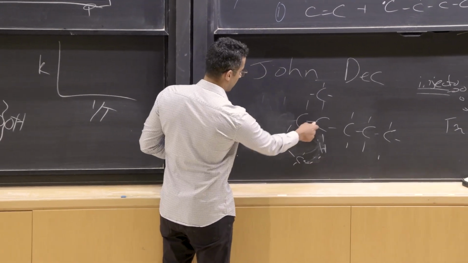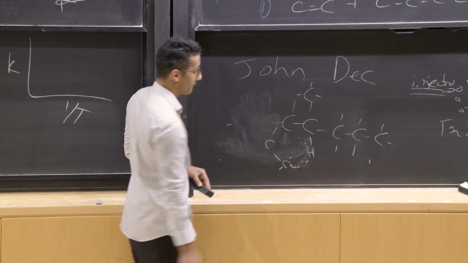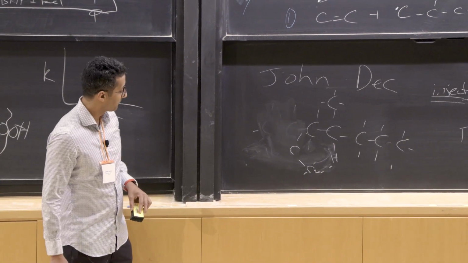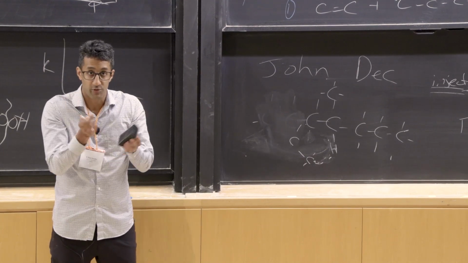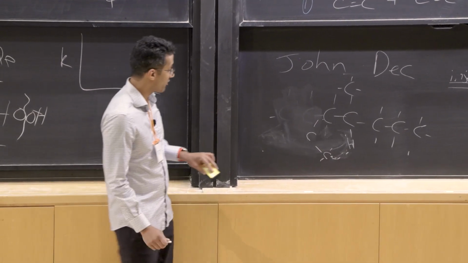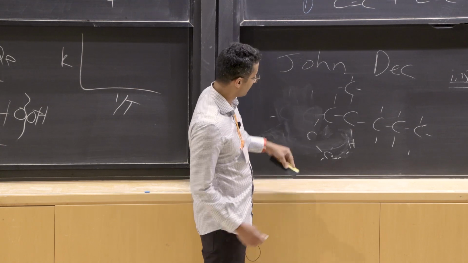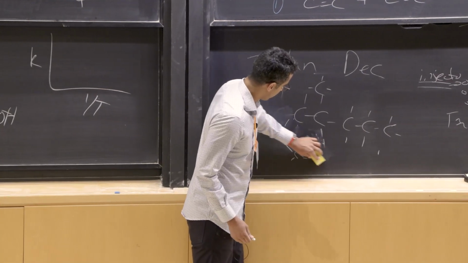And this ring has 1, 2, 3, 4 different carbon atoms in the ring. So these are internal isomerizations. The transition state forms a ring structure, and that ring has to be stable, okay? So we go back.